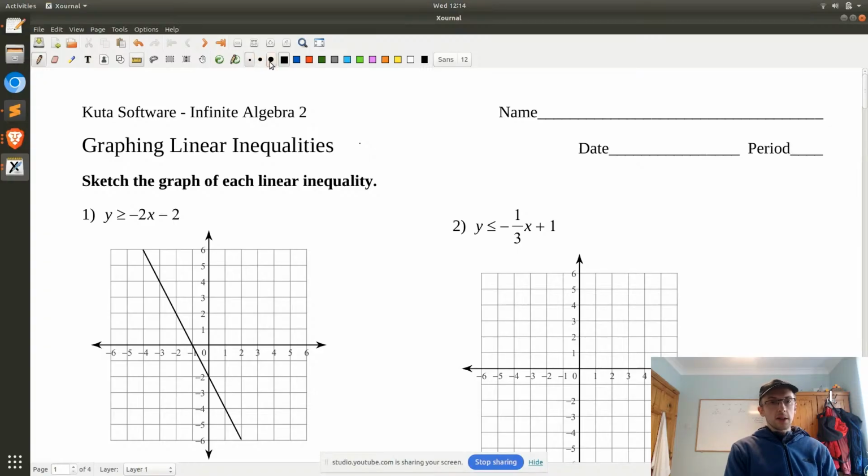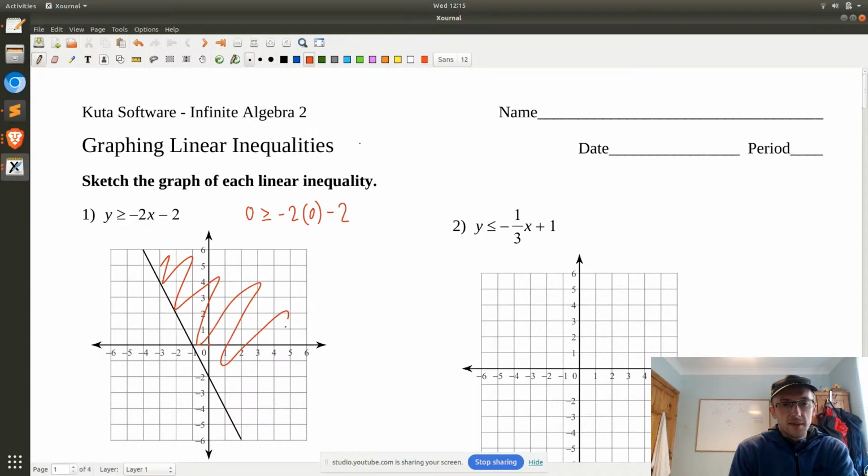But what side of the thing do we shade? Use a test point. The best test point is the origin, because it's 0, the easiest number to work with in the world. Just plug in 0 where y is and where x is, and then evaluate the inequality and see if it's true. So on the right-hand side, we have negative 2, and is 0 greater than or equal to negative 2? It is. And so the origin is included. There you go.